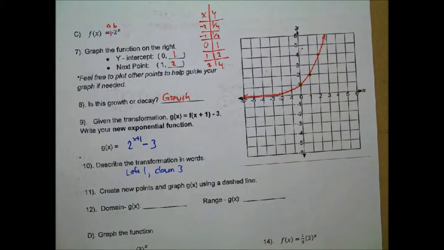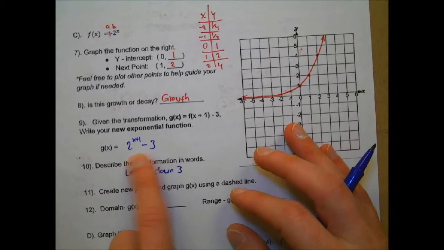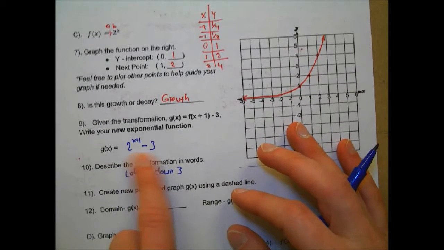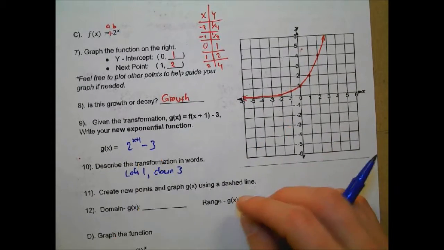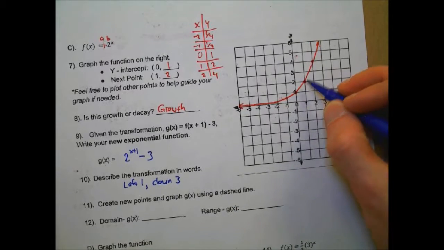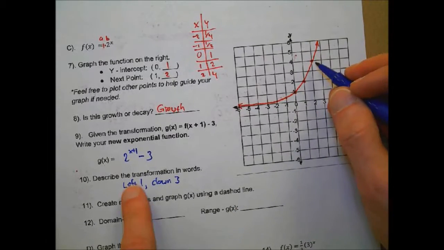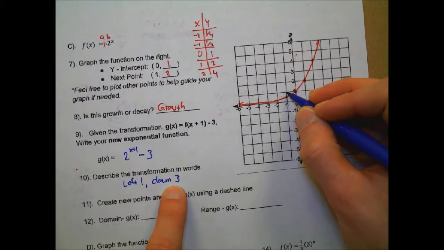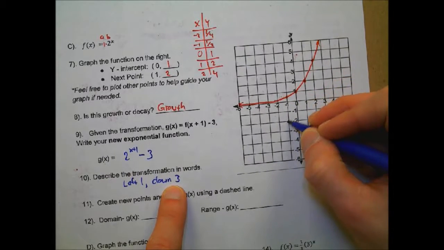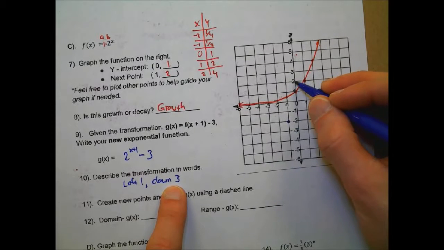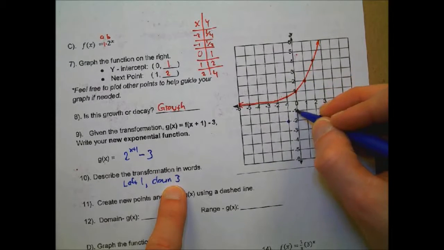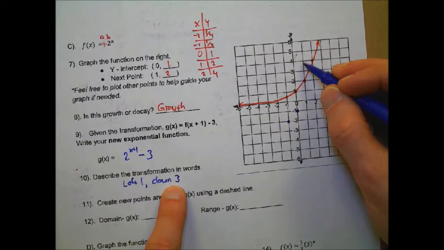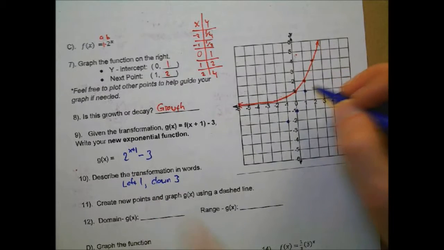Now, we're going to graph this one. Again, you can type this in your graphing calculator if you want to, or you can just take all of our points that we got right here and shift them left 1 and down 3. So, for example, this y-intercept, I'll go left 1 and down 1, 2, 3, and plot my point. And this point right here, left 1 and down 1, 2, 3, and plot my point. And this one right here, left 1 and down 1, 2, 3, and plot my point.